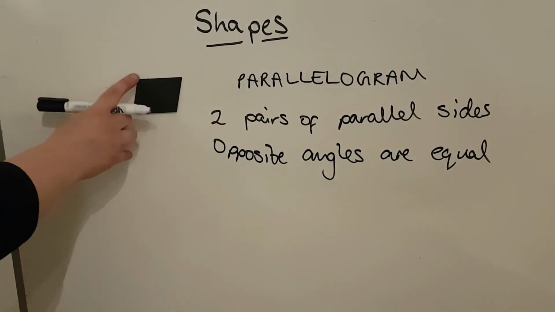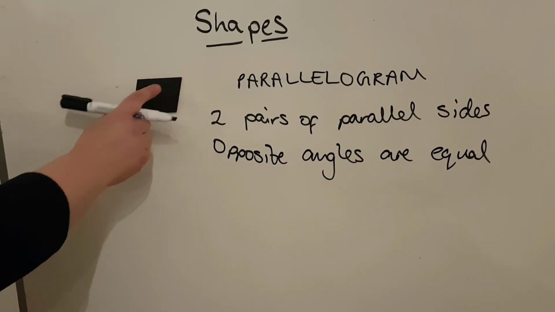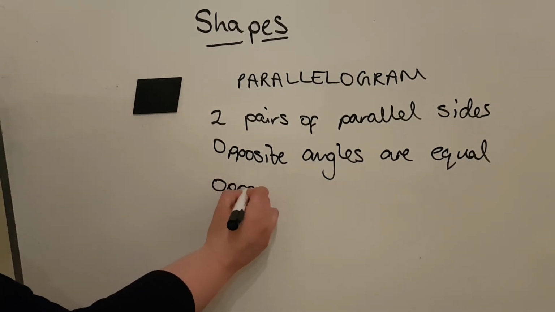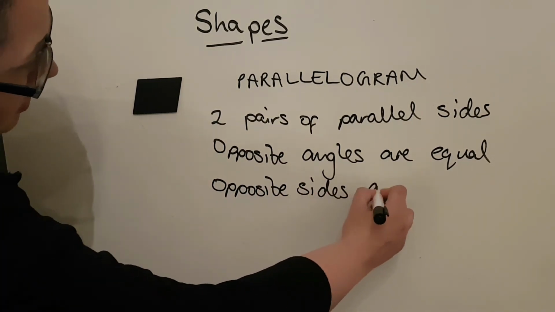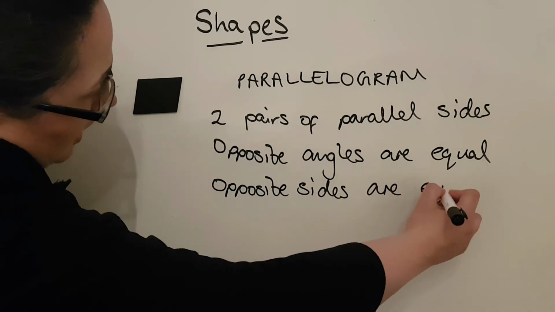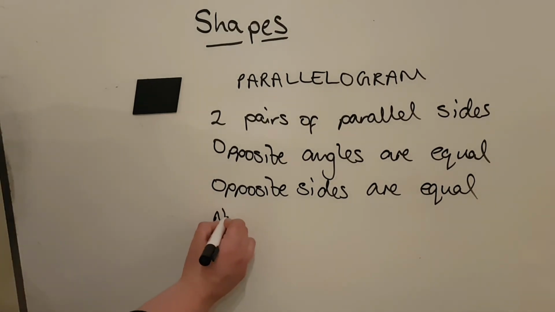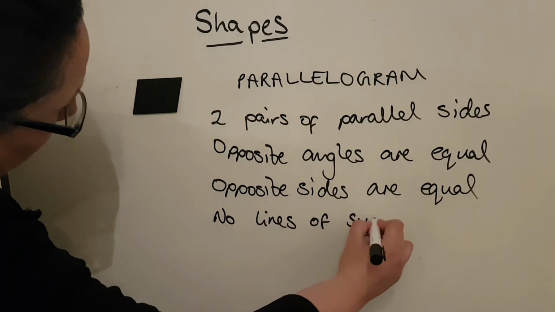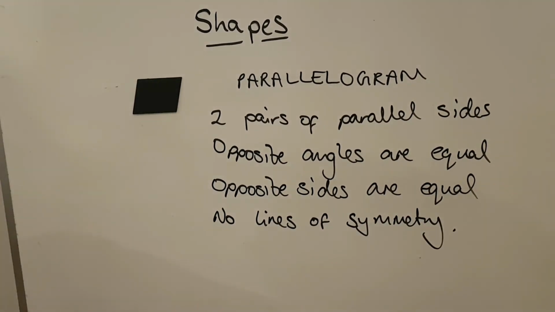So just like in a rhombus, the ones that are diagonally opposite each other are equal to each other. We've got opposite sides are equal, just like in a rectangle. And we've actually got no lines of symmetry for a parallelogram. So that's a parallelogram.